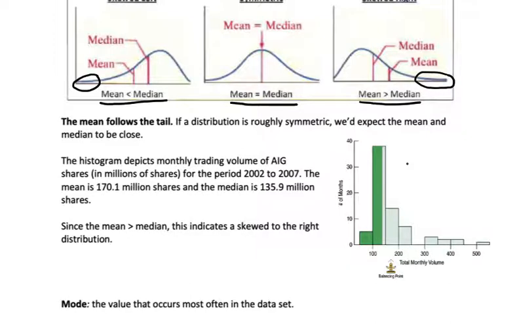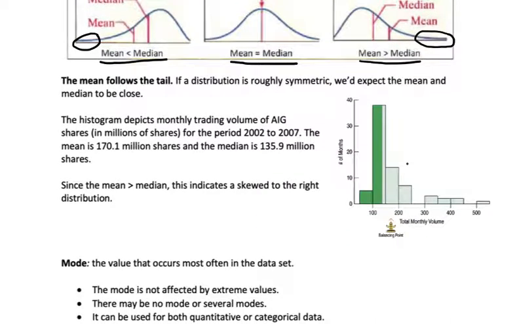So here's another example with this histogram. This is monthly trading volume of AIG shares. And if I look at this, this is a tail on the right side. And so what that's going to do is pull the mean up so that it's greater than the median. Or I can go in the other direction.